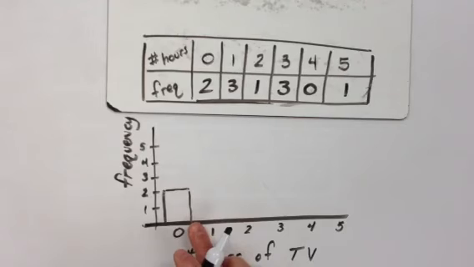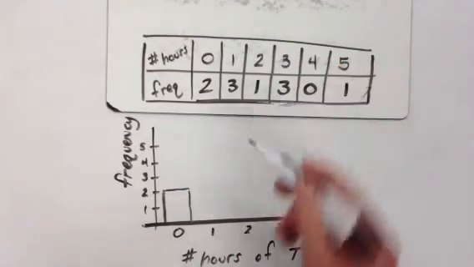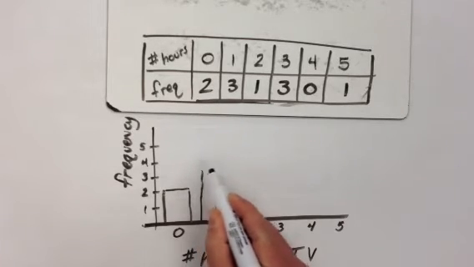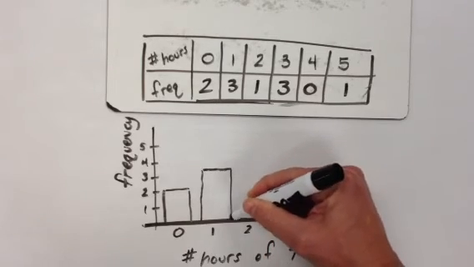As I said, we want to try and create equal spacing and then also the same width for each bar. So for 1 hour, that happens 3 times, so I need to go up to 3, over, and then back down.